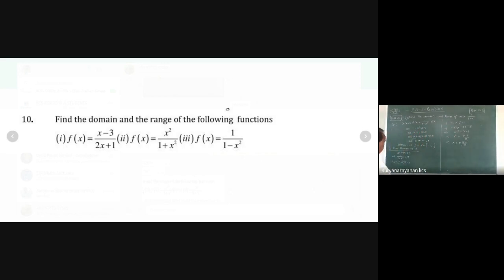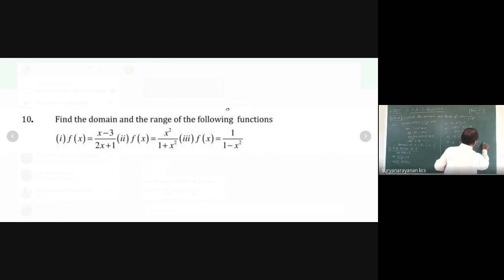So this is equal to plus or minus root of y minus 1 by root y. Here the denominator should not be a negative number. It should be a positive real number.